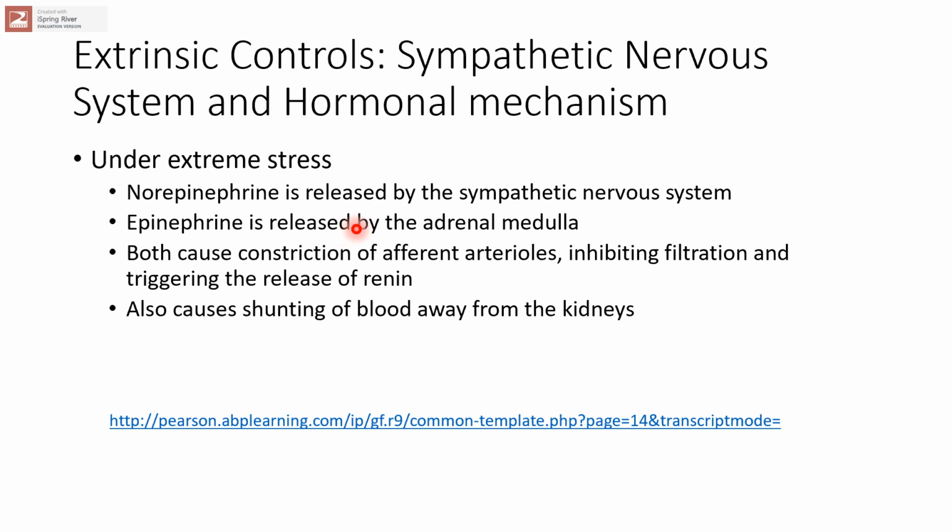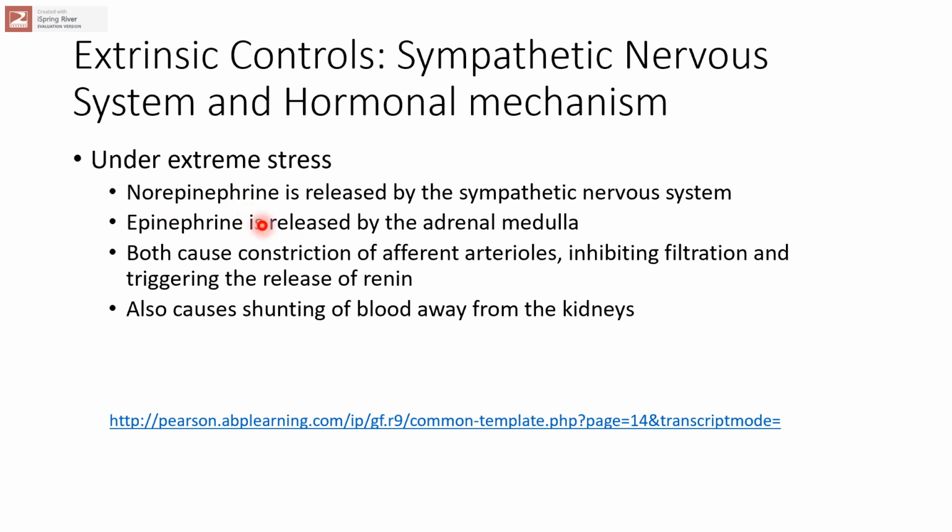Okay, and by constricting the afferent arterioles, you are reducing the amount of flow of blood to the glomerulus. Okay, and in the presence of norepinephrine and epinephrine, both of them cause constriction of afferent arterioles because both of these are also potent vasoconstrictors.